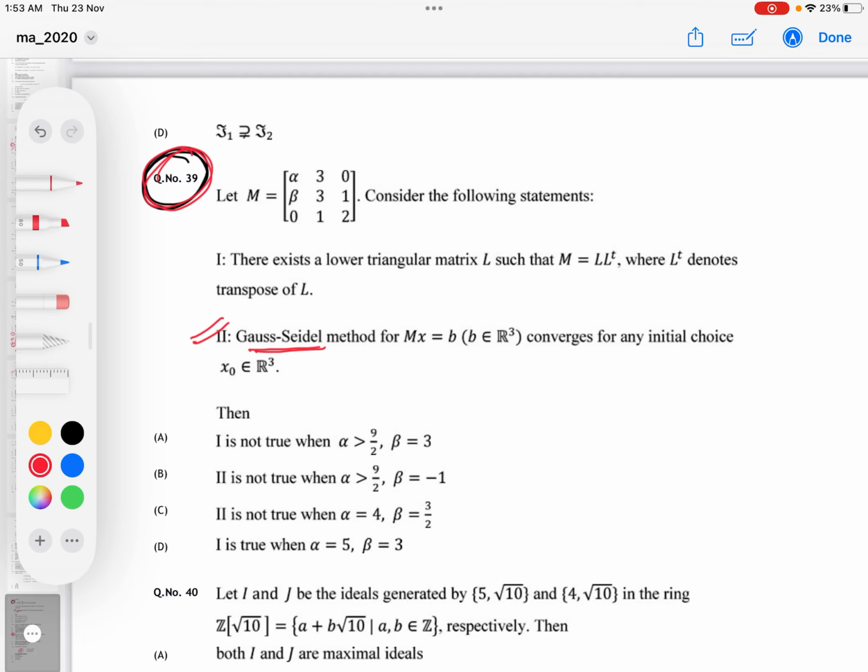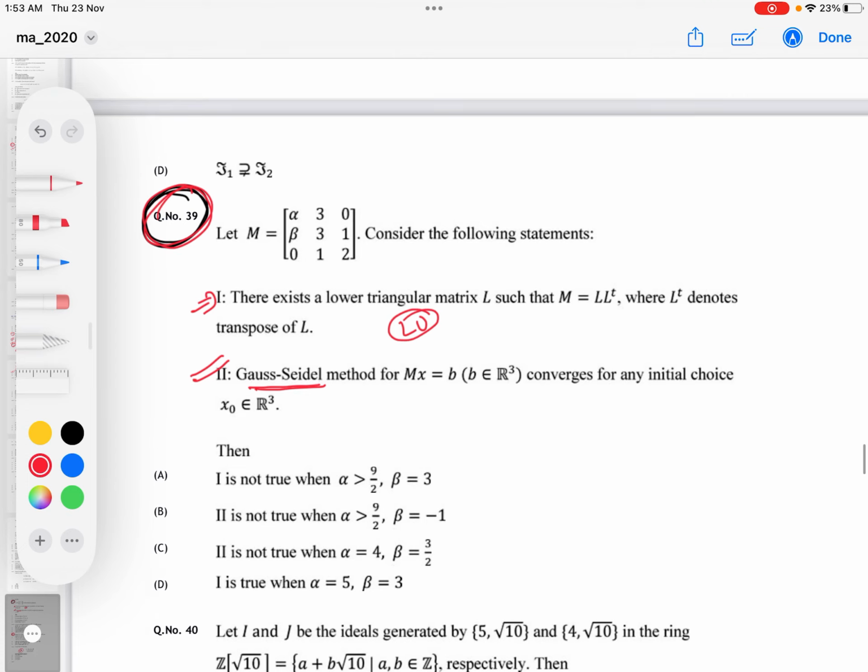What we will do is look at statement 1 only, because it is based on the LU decomposition, and it is in the syllabus.